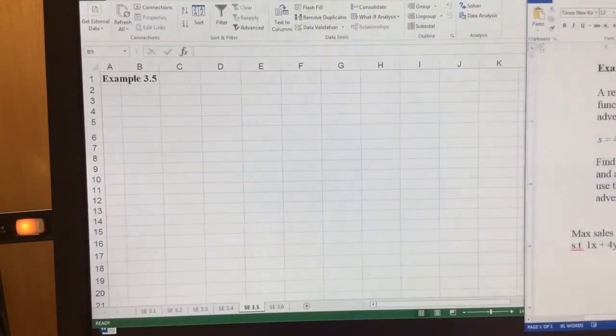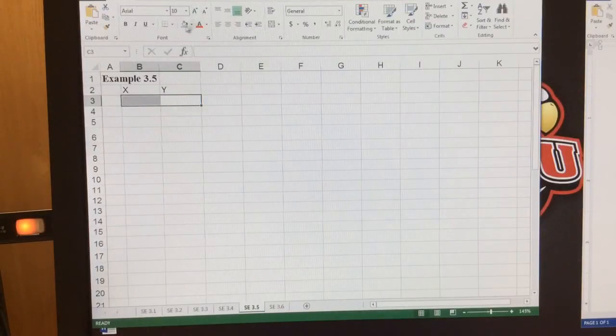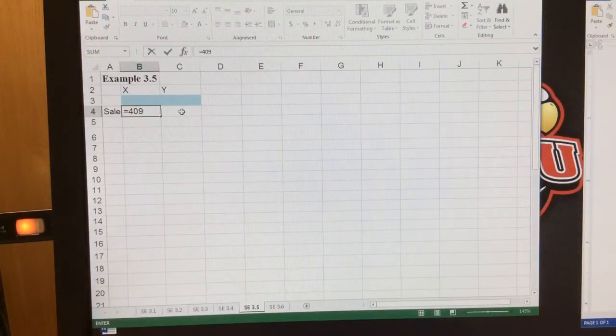So let's go ahead and insert that into Excel. Here we have X and Y, which are our circulars as well as our newspapers. And our sales is equal to 420 times X minus 2 times X squared minus 3 times X times Y minus 5 times Y squared plus 640 times Y plus 1725.